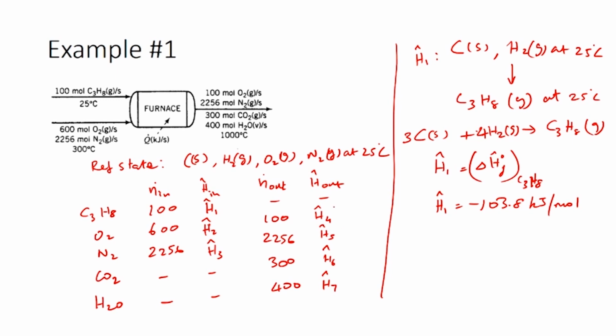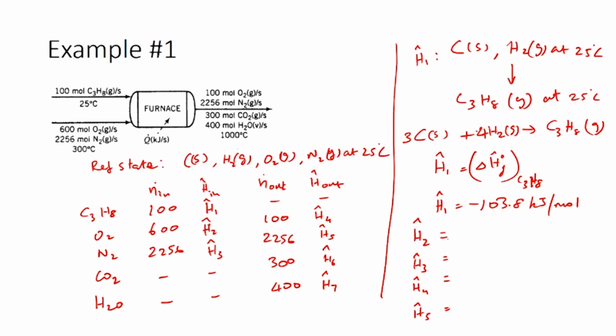So, these would be processes where you only have change in temperature, which was exactly the same as what you had in the previous method, the heat of reaction method. So, let us not waste time trying to explain what that process is. We can just get the values for H2, H3, H4 and H5 directly from the tables for combustion gases. So, we will fill out these values.